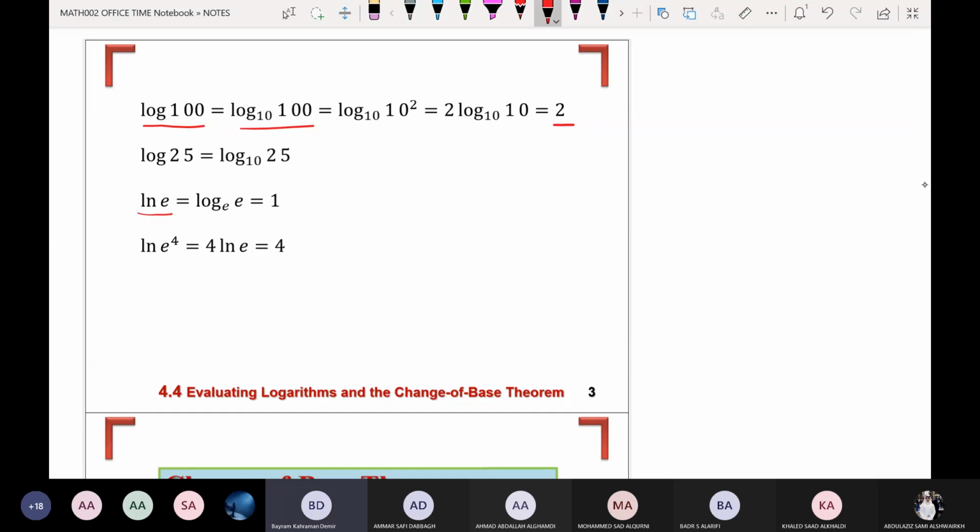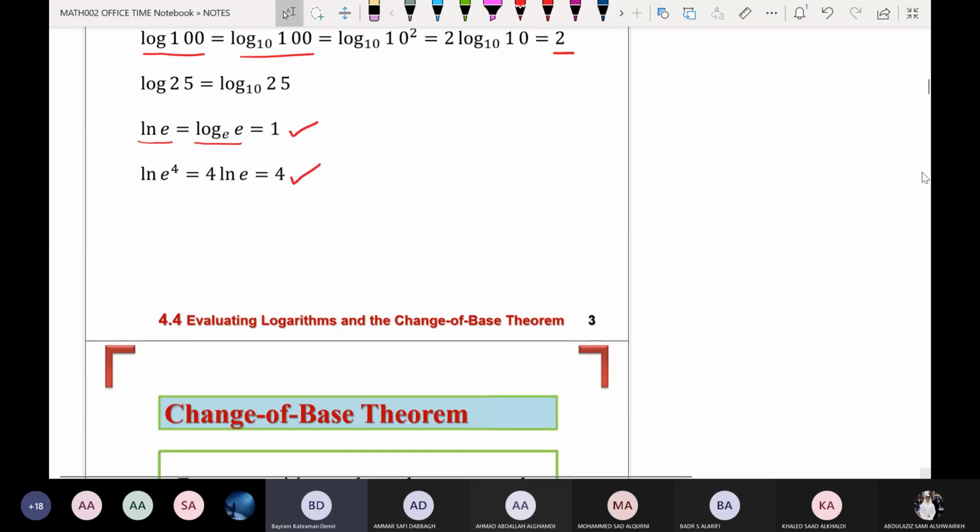When you write ln of e, we mean logarithm of e with base e. So that's why it is equal to 1, right, Shahab? And ln of e to the 4th power is going to be 4 times ln of e. And since ln of e is 1, so 4 times 1 is 4. Just a basic practice, Shabab.